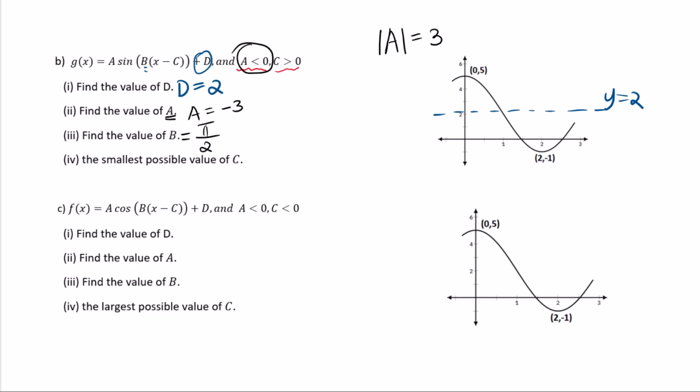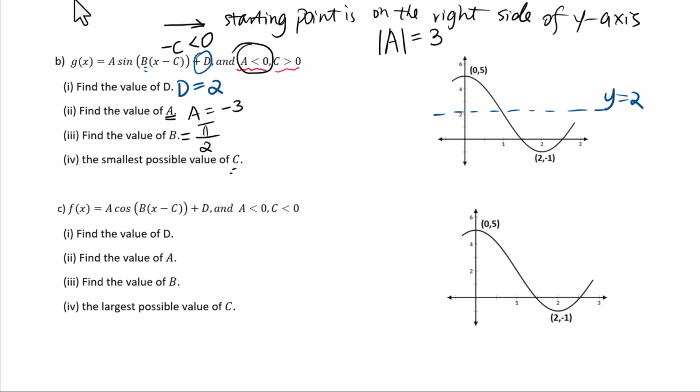Then try to find this c. c is positive, then -c is negative. Inside is linear. We have a horizontal translation to the right, which means the starting point is on the right side of this y-axis. We need to find the negative sine x pattern.